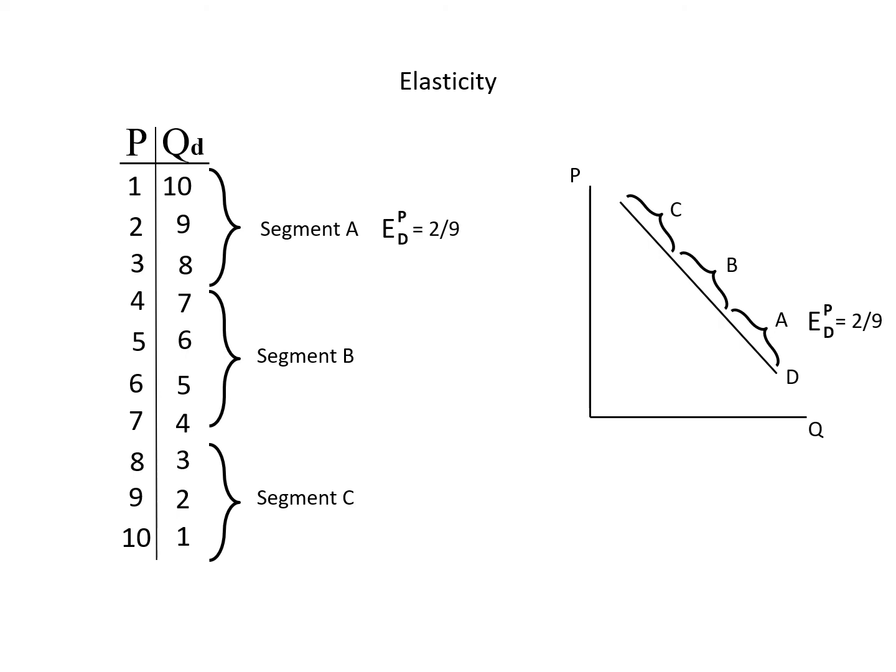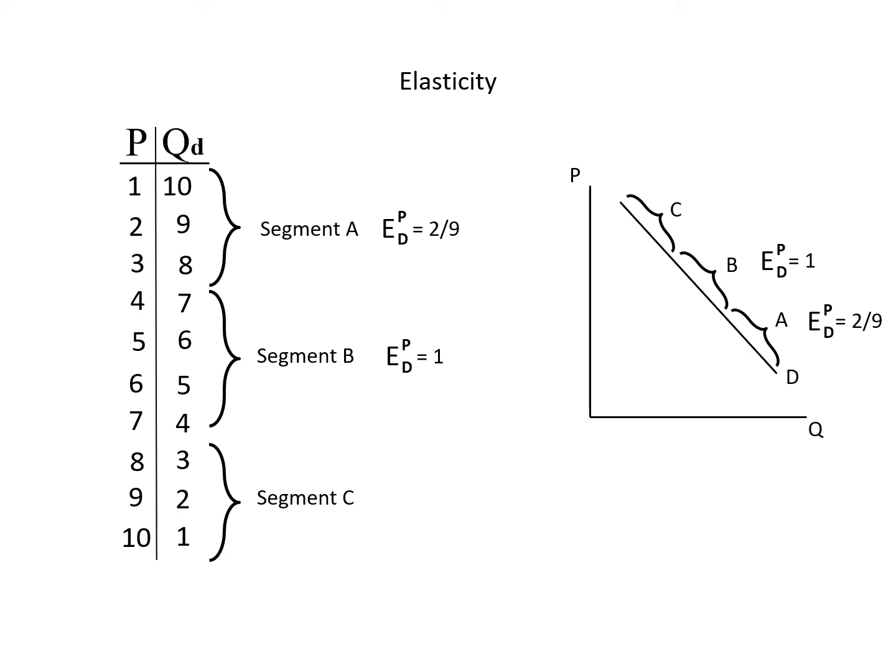The elasticity of demand for line segment A is 2/9, which, because it's less than 1, would make it inelastic. For line segment B, the elasticity of demand is 1, which would make it unit elastic.